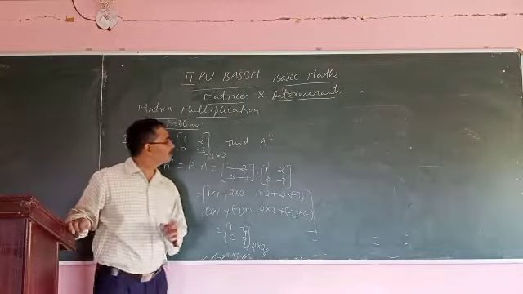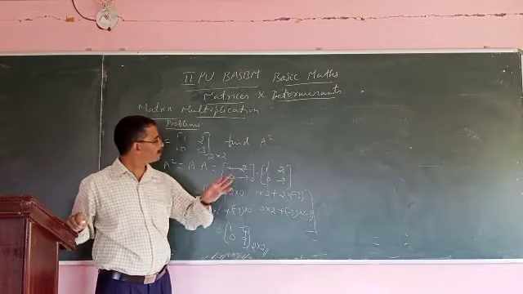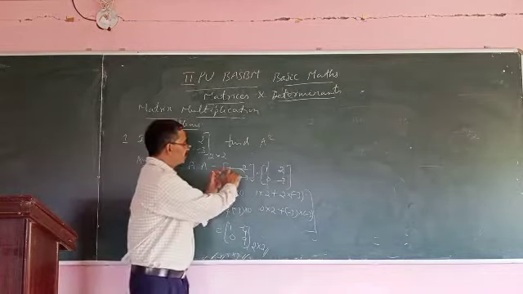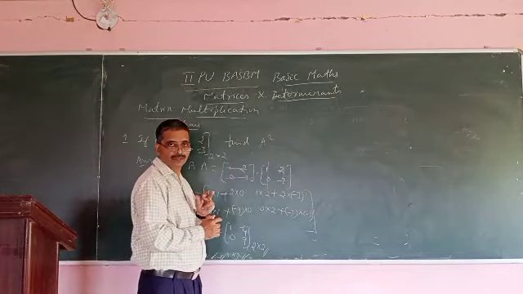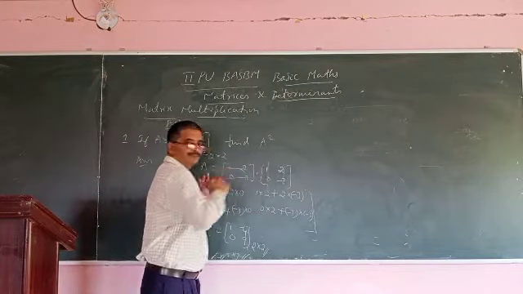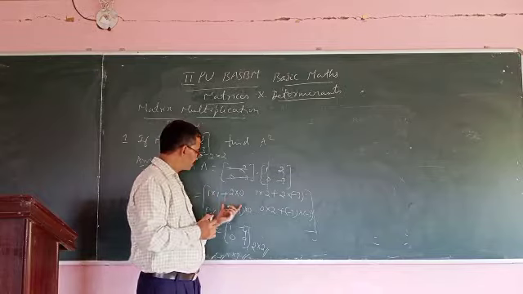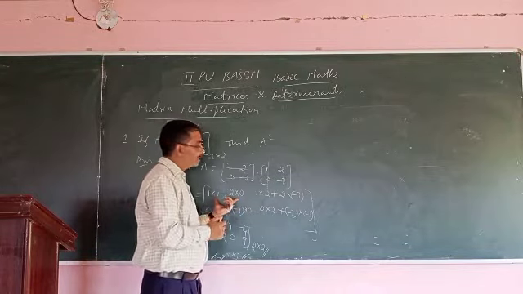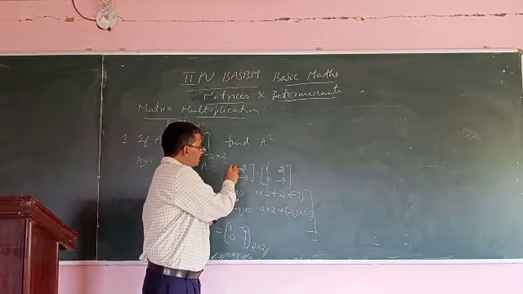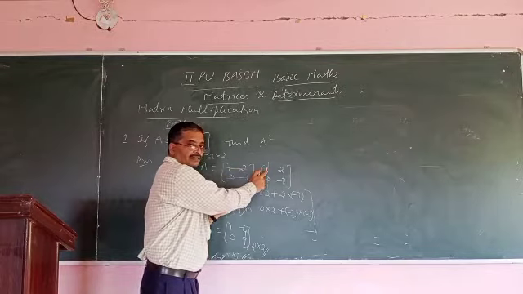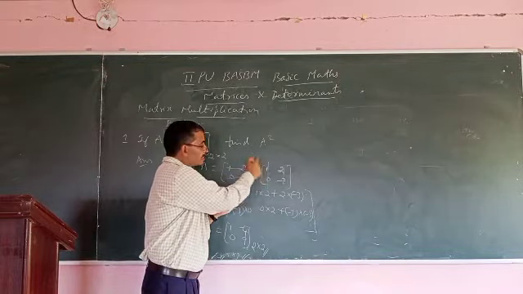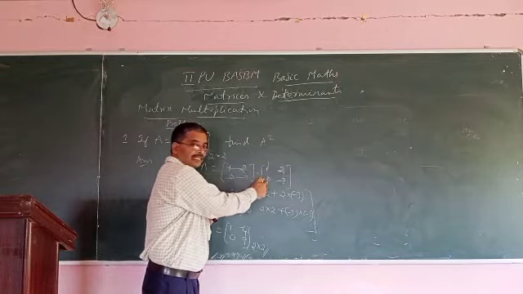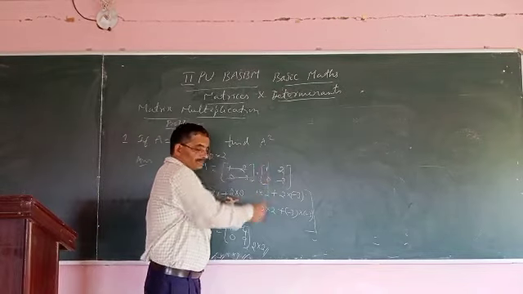So carefully observe how multiplication is done. I am repeating here. Take the first row, multiply with the first column. You take the first element with the first element of this column. Next, the second element of this row with the second element of this column.